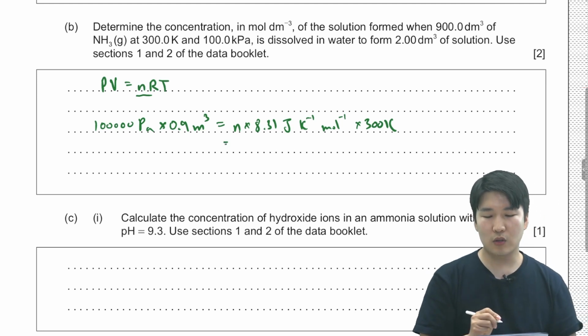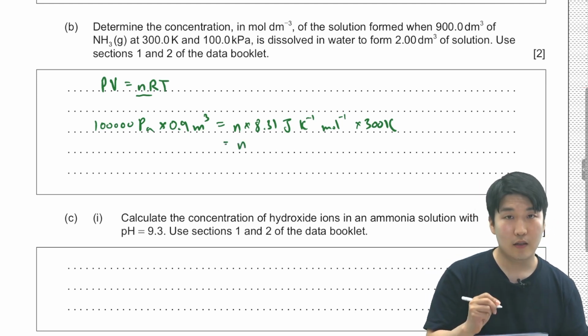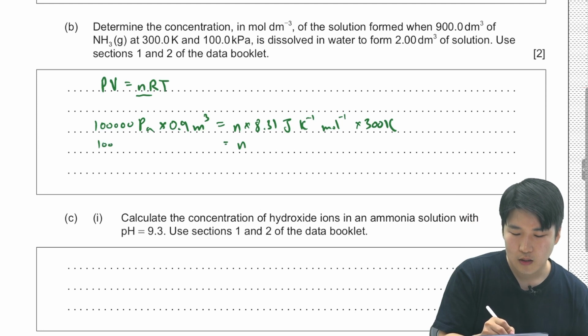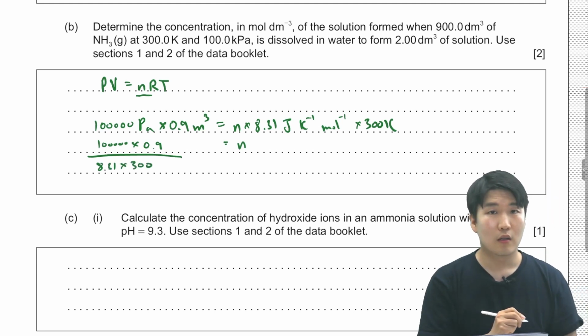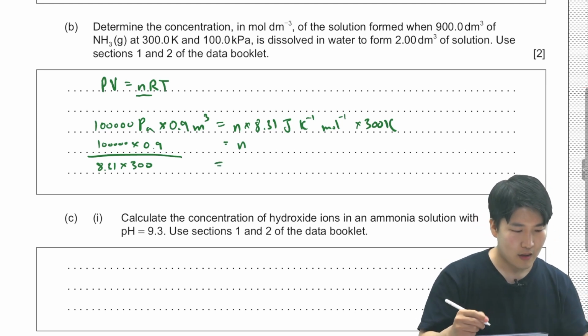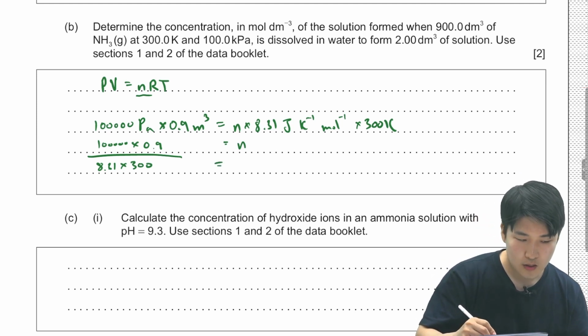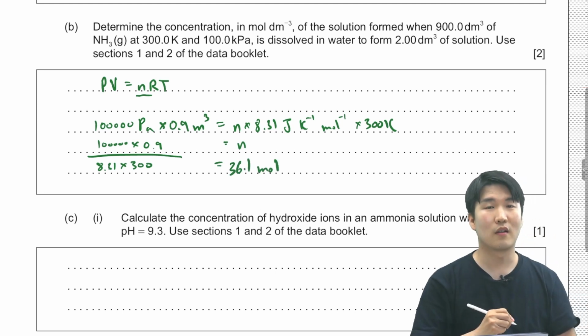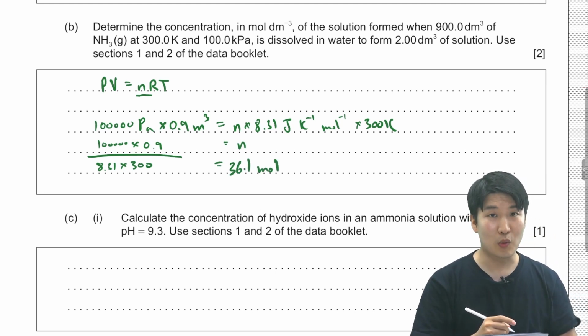Therefore, if we work out the N to be 100,000 times 0.9 over 8.31 over 300, we would do the math, end up with 36.1 mole. That's a lot of ammonia.